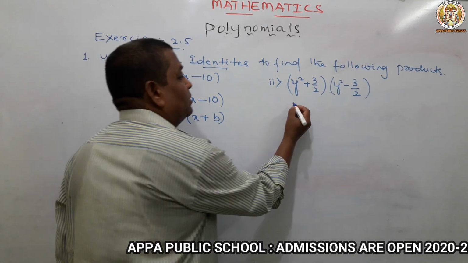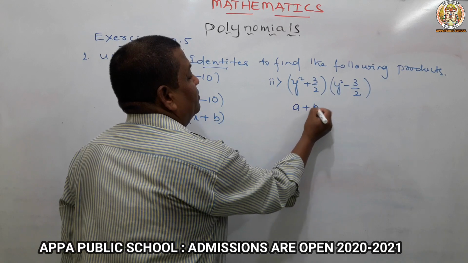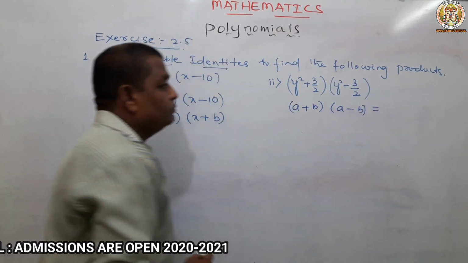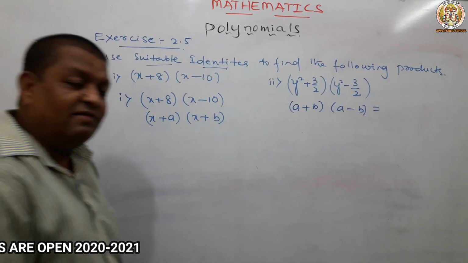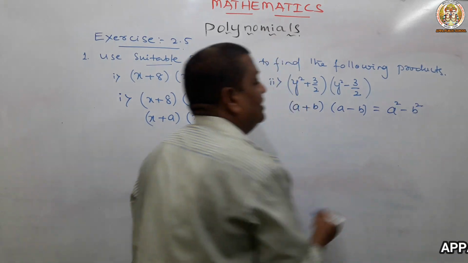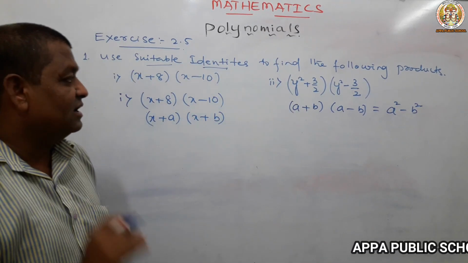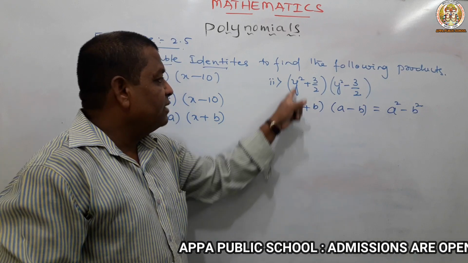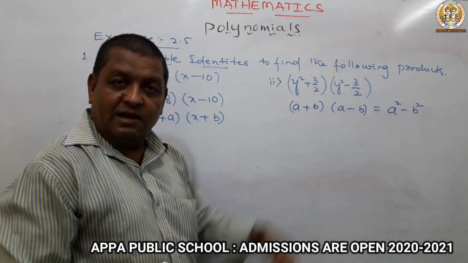So that is the suitable identity. What is the answer? Answer is a square minus b square. Definitely. So keep a neat way of writing, then only you are getting the values immediately.